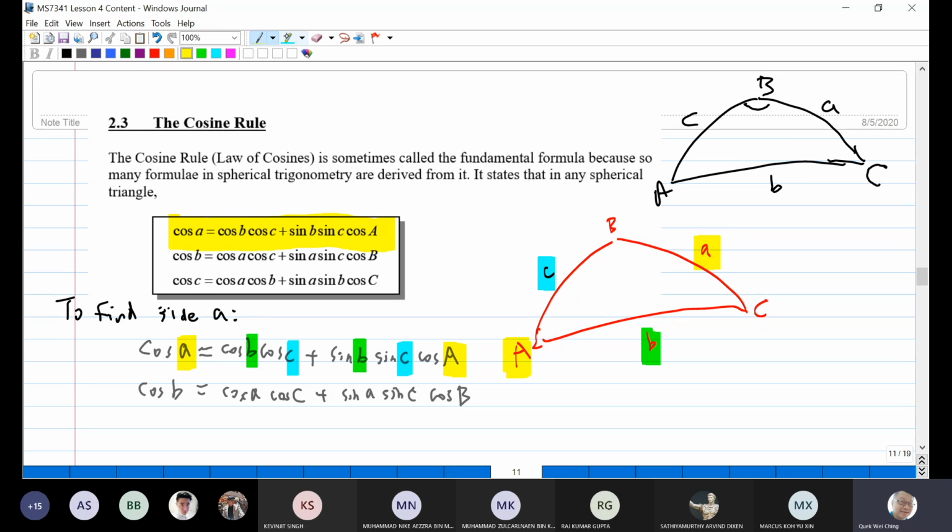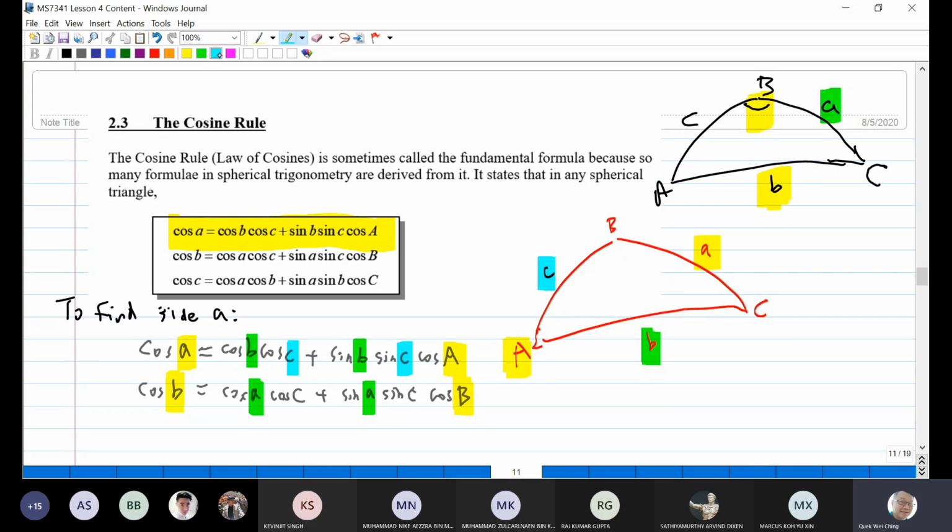This is side B, this is A, C. If you want to find side B, the last one is angle B. Then the other sides, just color as you want. Suppose I want the green color to be side A now. So side A in green, this one will be cosine A, sine A.